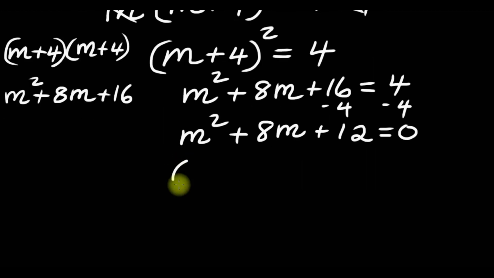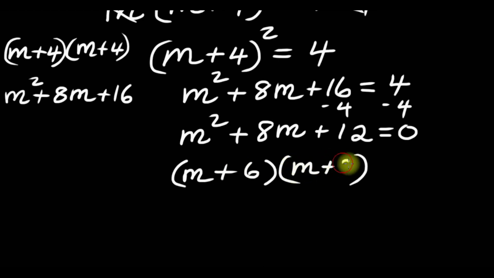I'm going to factor this into two binomials. So AC is 12 and then B is 8. So factors of 12 that when you add them come out to 8. Well, that's going to be positive 6 and positive 2. Then set each factor equal to 0 to solve.